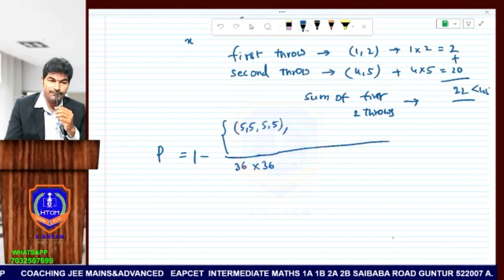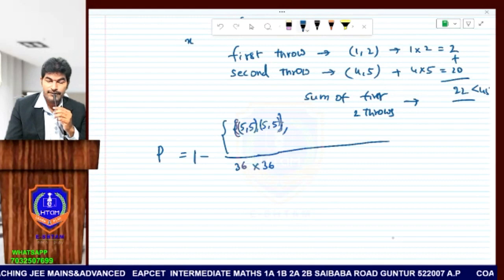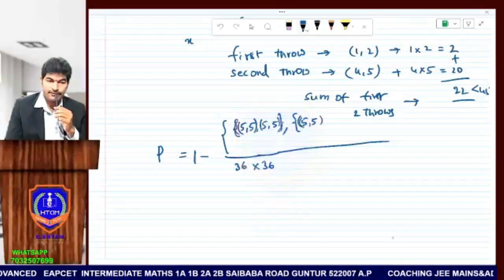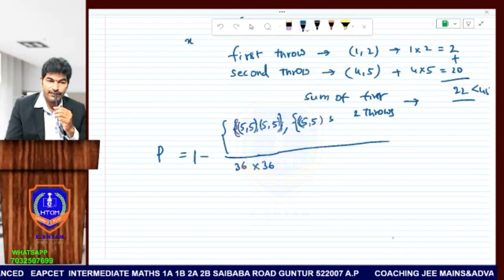It was 50, first throw and second throw. In a similar manner, can we take one more 5-5? Next will be 5-4. Can we take that? 5-5 is 25, 5-4 is 20. Got it? Understood?